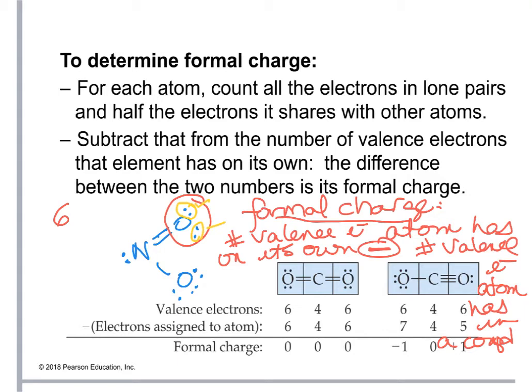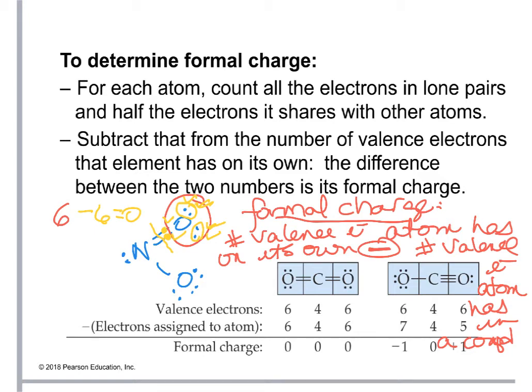Then if you're talking about bonds, oxygen can only claim one of the two electrons in each bond. So there's a double bond, so it's going to claim one of the electrons in each of these bonds. So the oxygen in this compound has 1, 2, 3, 4, 5, 6. Okay, so oxygen in this compound has a formal charge of 0.